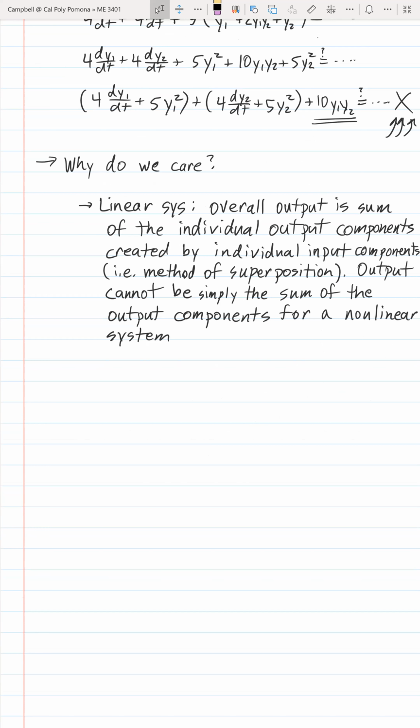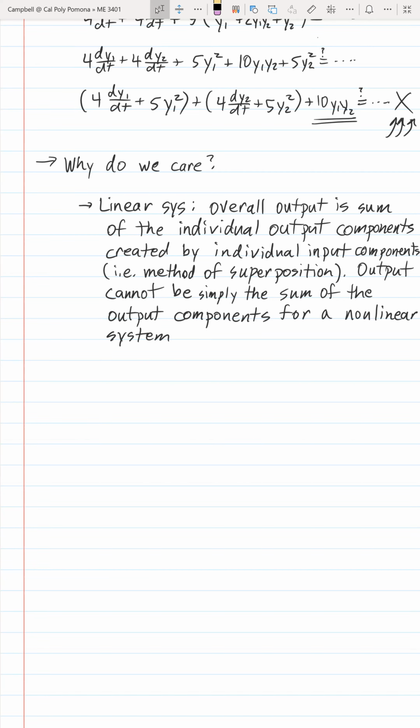That means that I can go ahead and excite the system with some fundamental inputs, some very well-known inputs, and if I can then look at my input signal as a combination of some of those simple input signals, then I can just say the overall output will simply be whatever the output was for each of those individual simple signals summed together.